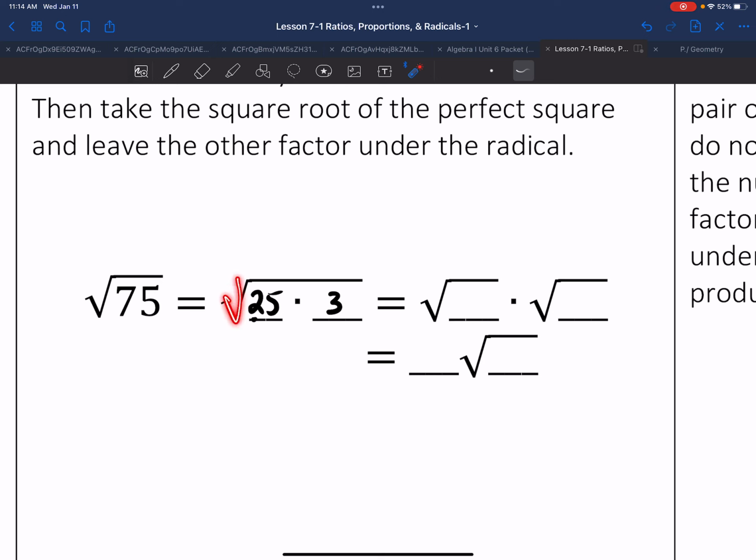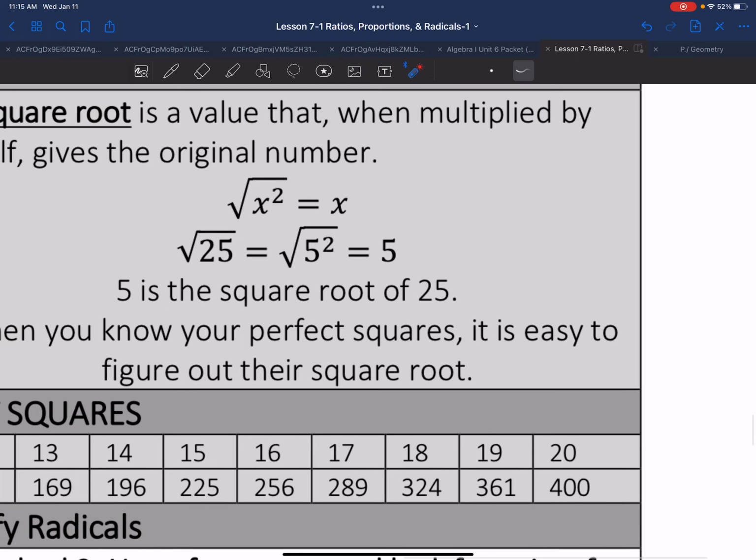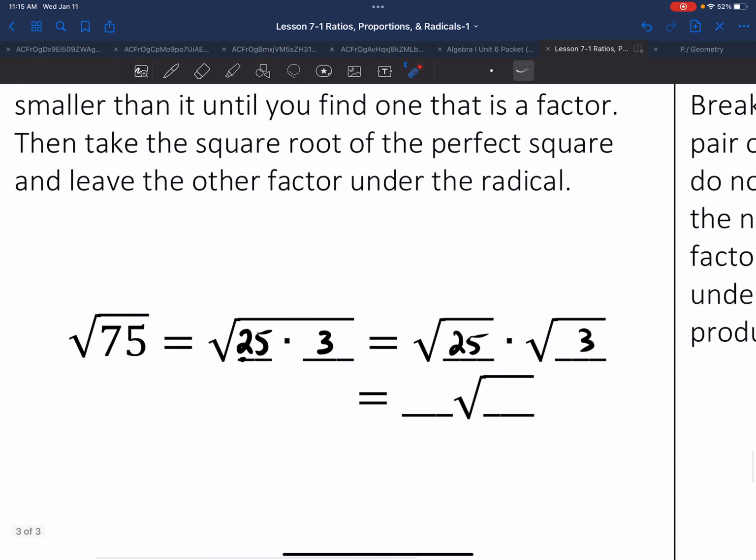So the square root of 25 times 3, you can rewrite as the square root of 25 times the square root of 3. Okay? Oh, look at that. What is the square root of 25? Well, over here we know it's just 5, right? So what happens here is that if you can take the square root of something and figure out what the number is, then you put it outside of the radical sign.